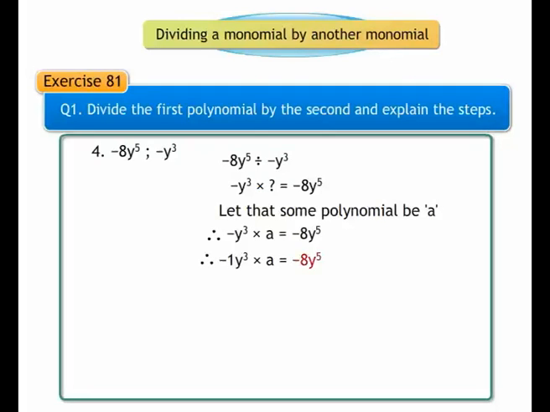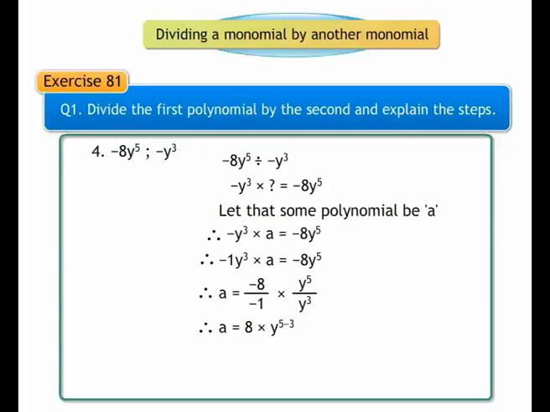So, we separate minus 8y raised to 5 into two parts, that is, minus 8 and y raised to 5. Similarly, let's separate minus y cube into two parts, that is, minus 1 and y cube. Therefore, a is equal to minus 8 divided by minus 1 multiplied by y raised to 5 divided by y raised to 3.